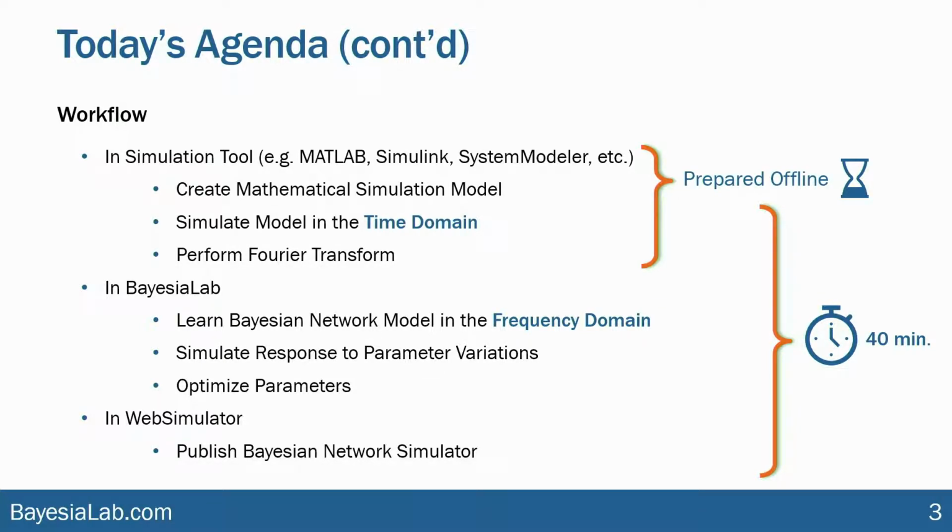Then we can experiment with that new Bayesian network model and optimize the parameters, in our case, the suspension parameters. Finally, we publish the new Bayesian network simulator with the BayesiaLab web simulator.